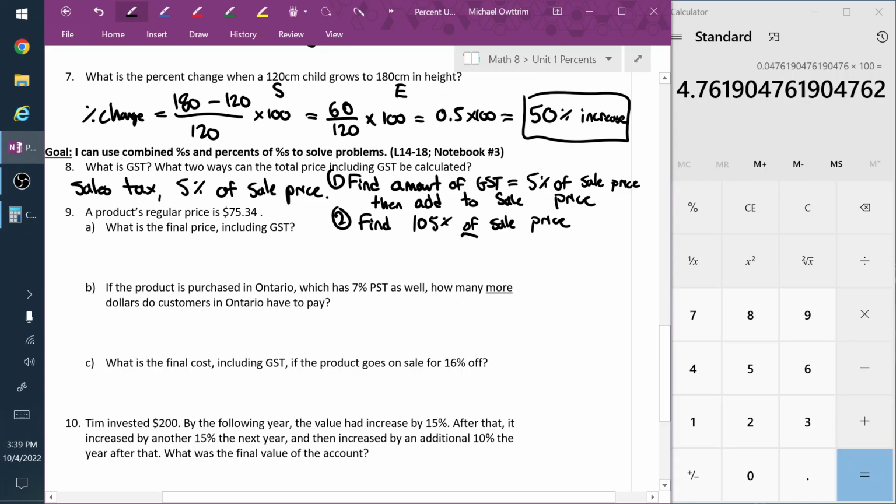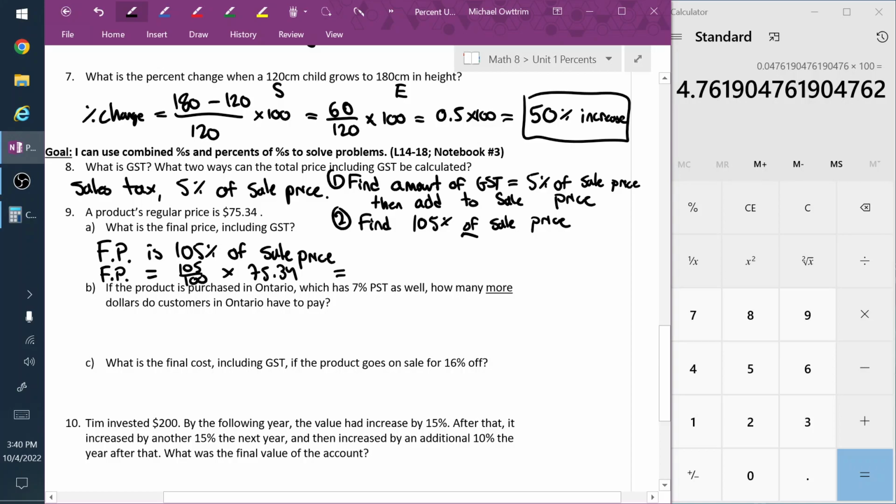We're going to apply that idea for question 9. We have a product's regular price is $75.34. We want to know the final price including GST. Our final price is 105% because of GST of the sale price. If we convert that into an equation, our final price equals 105 out of 100 times our 75.34.